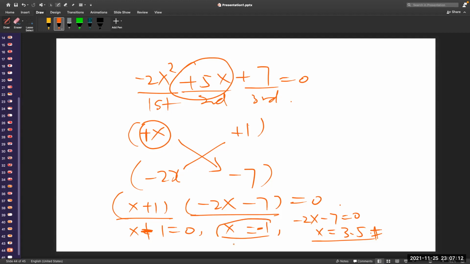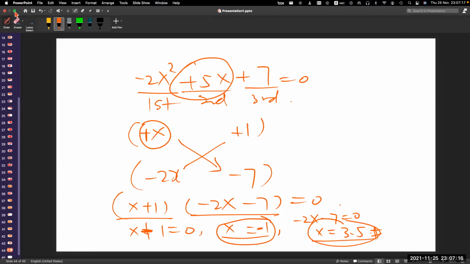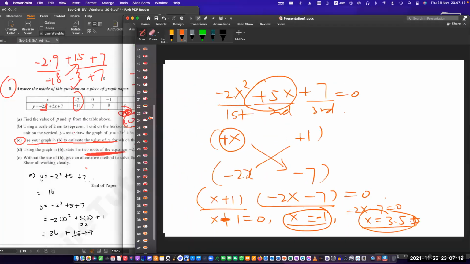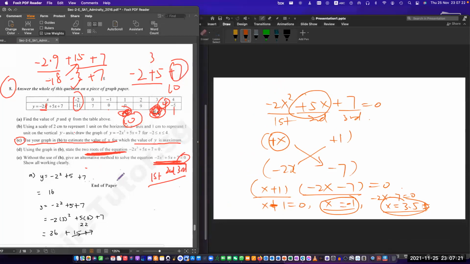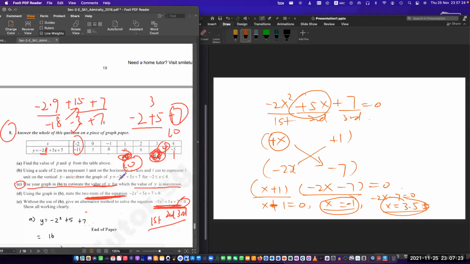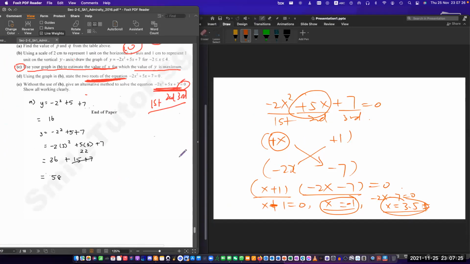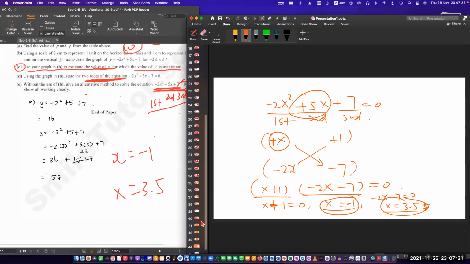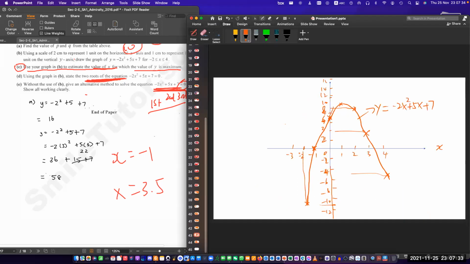So the two answers are x equals -1 and x equals 3.5. Then you compare to the graph answer. We get the same answer, by the way. So let me just copy this over. x equals -1 and then x equals 3.5. So you compare to the graph one. Okay, this is my sketch one. This point is x equals -1.